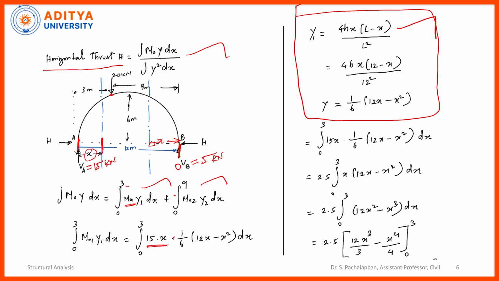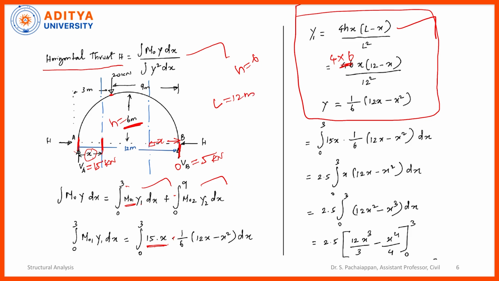Actually this is 4 and then the height h, which is 6 meters. So this is actually 4 multiplied by 6, not 46. It is 4 multiplied by 6 into x into 12 minus x. The h value is 6 as given in the problem, substituted here, and the total span length is 12 meters.